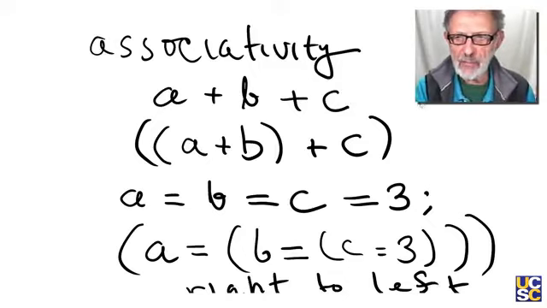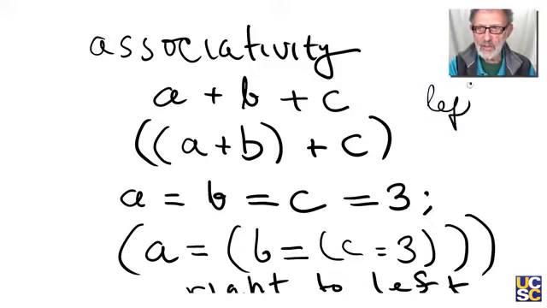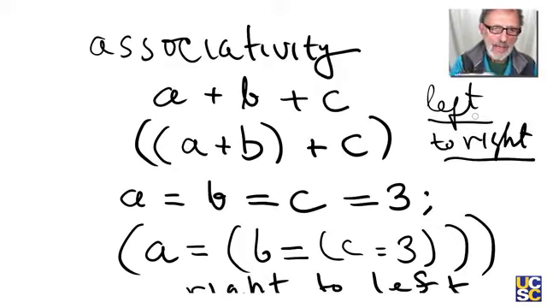It turns out that these operators occur left to right, and the overwhelming number of operators are left to right. We show the equivalent parenthesization here: a plus b, in parentheses, plus c, if we wanted to fully parenthesize this expression to make clear the implicit order of evaluation based on associativity.